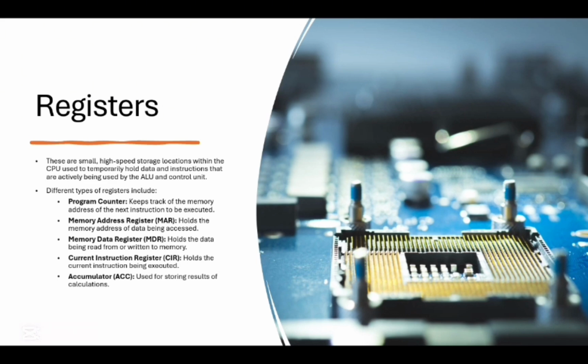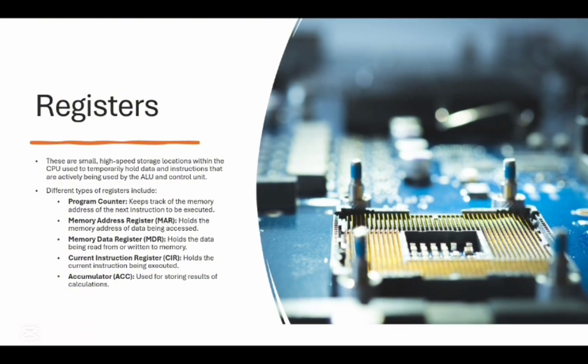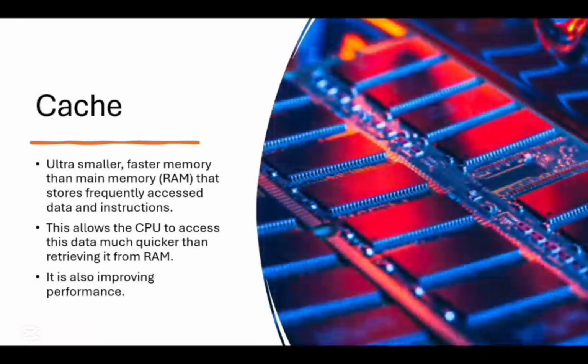Now, we'll discuss another type of memory within the CPU that's crucial for performance. This component is known as cache memory. Cache is an ultra-small and faster type of memory than main memory, or RAM, and it's used to store frequently accessed data and instructions.